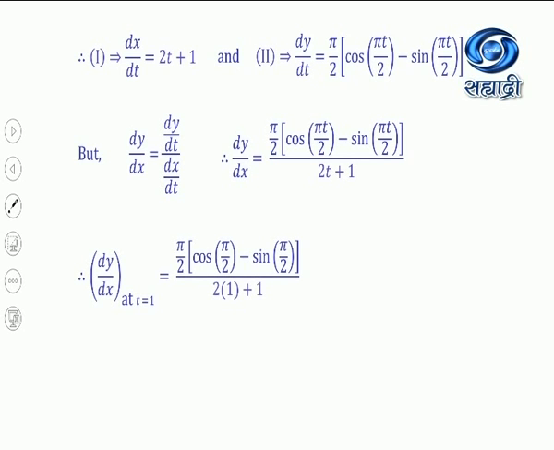And now see here pi by 2 as it is, cos pi t upon 2 can be written as here pi upon 2, because we substitute here the value of t. What is that? That is 1. So dy by dx at t equal to 1 is equal to this. We put here t equal to 1 here and here also. So we get this.